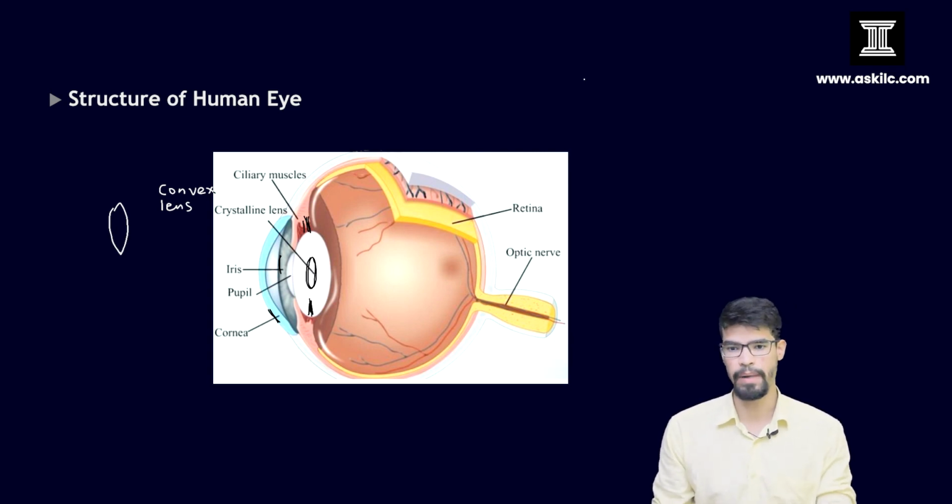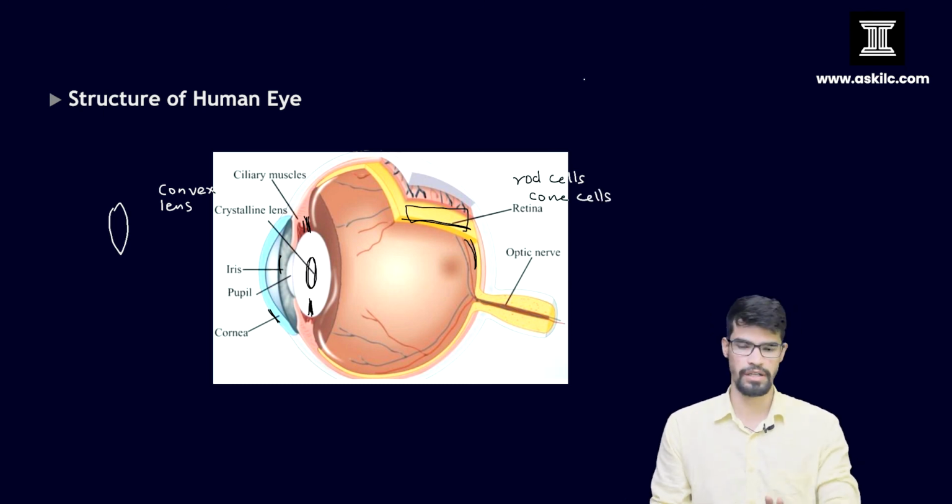And then at the back of the eye, this yellow layer that you see, the cross-sectional view, it has photosensitive cells. Two types of cells basically, rod cells and cone cells. I'm pretty sure you can recall from your 8th grade that you must have learned that cone cells are the ones which help us to detect color.